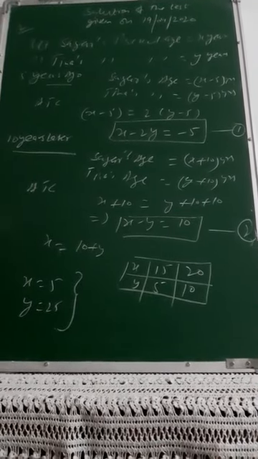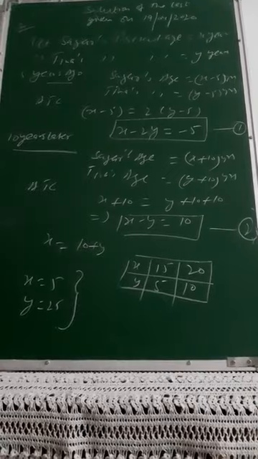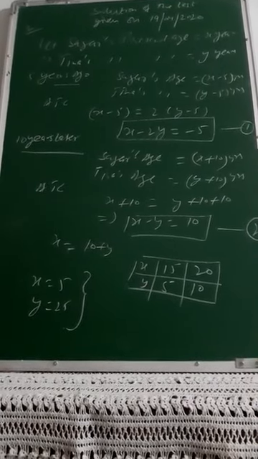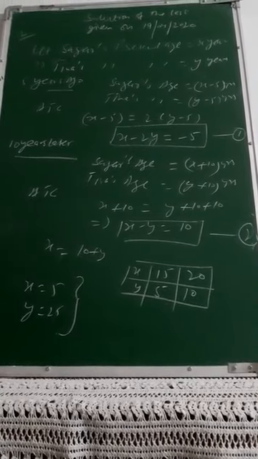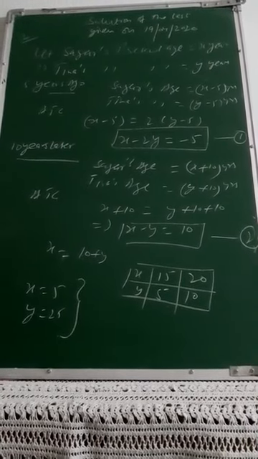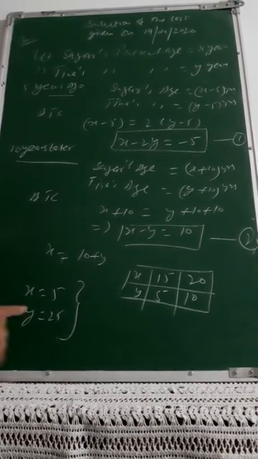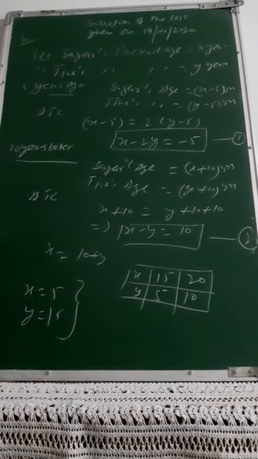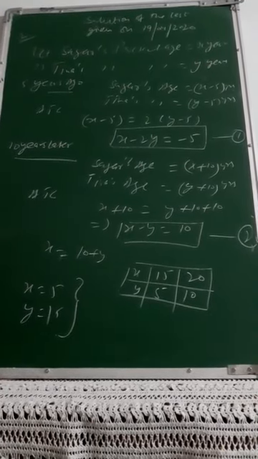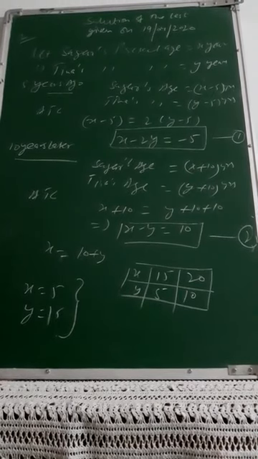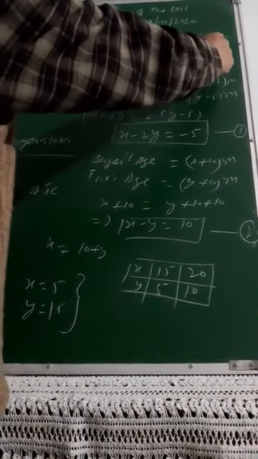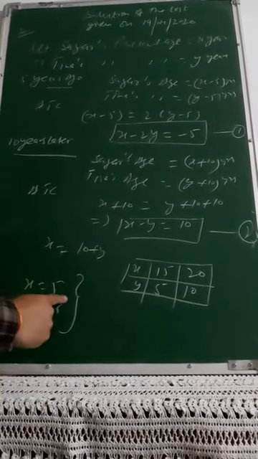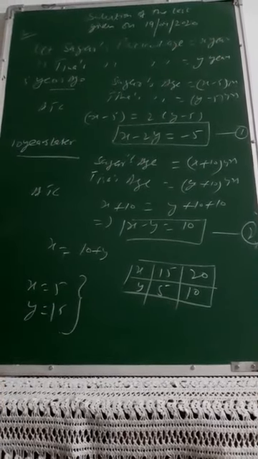So 5 years will be the present age of Sagar, and Tina's age is, I am sorry, this is 15 years, not 25 years. Your second answer will be 15. So when you solve these two equations, Sagar's present age will be 5 years and Tina's present age will be 15 years.